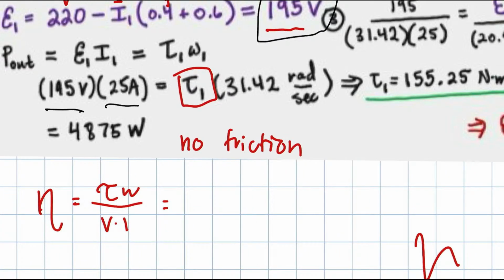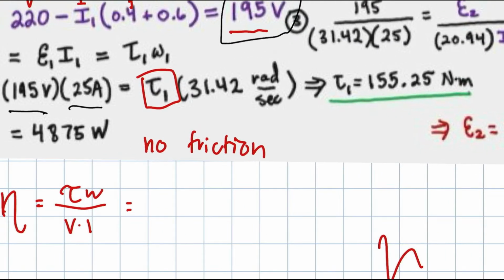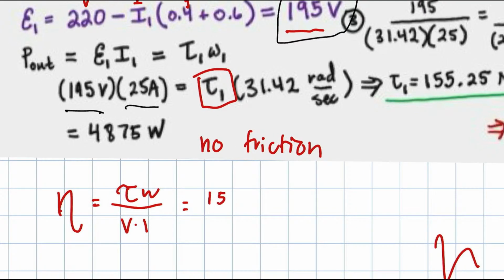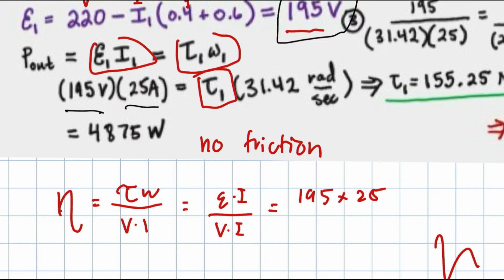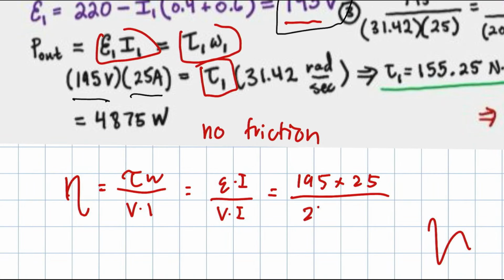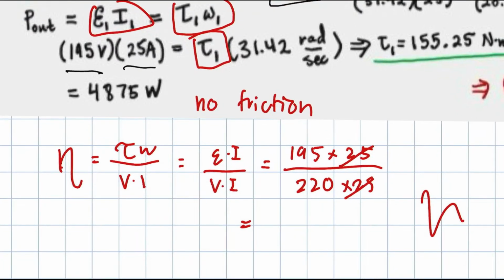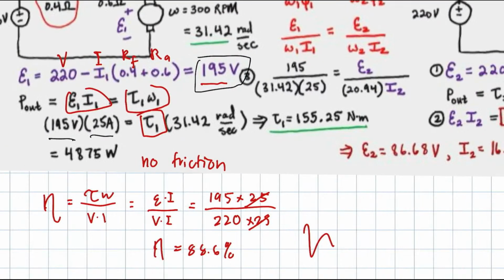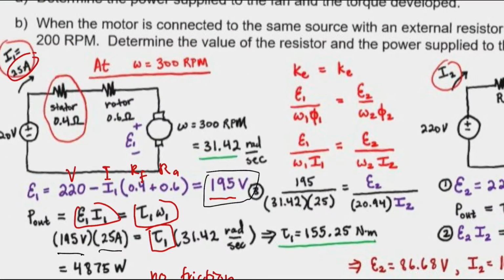Or otherwise just write EI over V times I, because they are the same. So write 195 times 25 over V, which is 220, times 25. Cancel out, and we get 195 divided by 220, times 100, which is 88.6%. Okay, understood. So that is the efficiency of the fan.